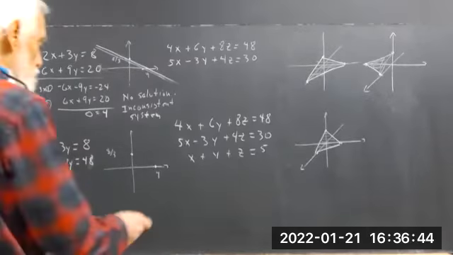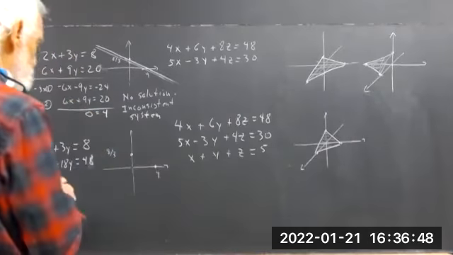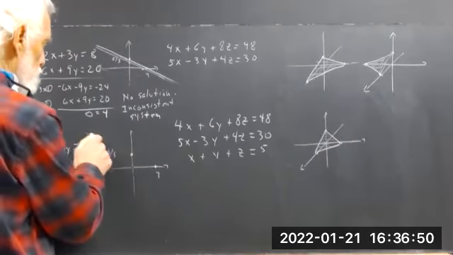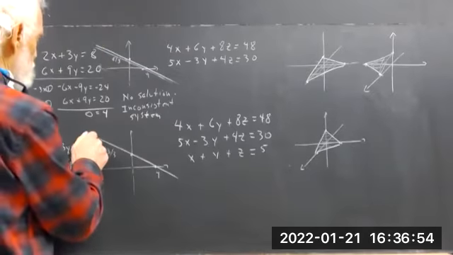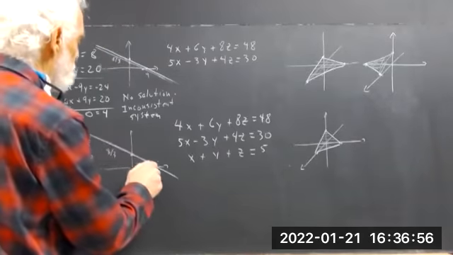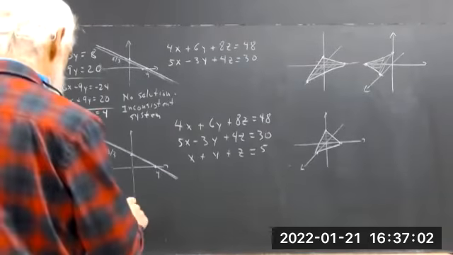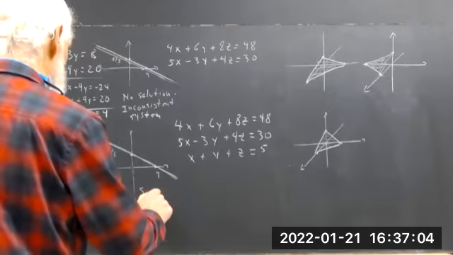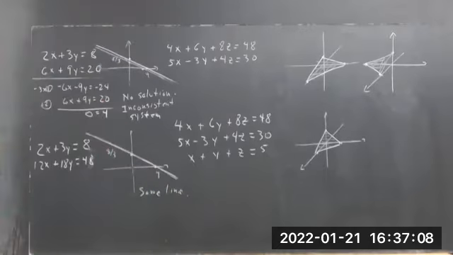So the x and y-intercepts are both the same. So that these graphs are identical, we get the same line.